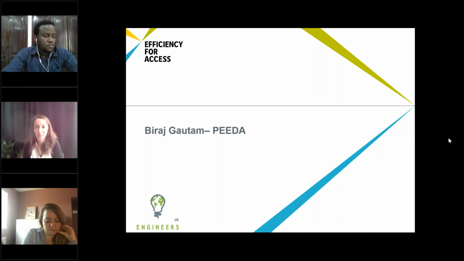With the increasing number of households connected to electricity and the country moving towards improving the quality of electricity, the Government of Nepal and a number of other organizations like PEEDA are working to promote electric cooking in Nepal. The promotion of electric cooking is at a very early stage, but the government has targeted 25%, which is roughly 1.5 million households, to start using electric cooking as their primary cook stoves by 2030.